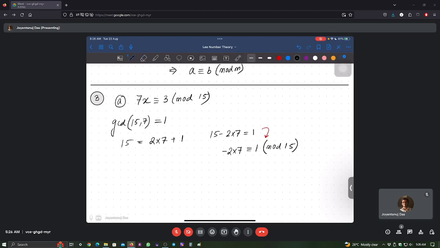When you apply modulo 15, 15 becomes 0. But 2 multiplied by 7 modulo 15 remains unchanged, because it is not divisible by 15.